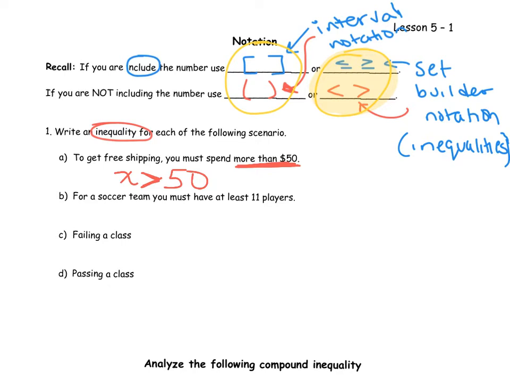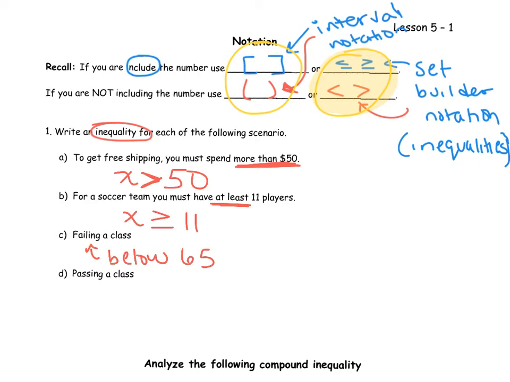So I want to spend more than $50. Now the next question says, for a soccer team, you must have at least 11 players. Again, we need to know our key words here for the vocabulary. At least means greater than or equal to. So we have x is greater than or equal to 11 players. If you're failing a class, well, that means you have a grade that's below a 65.